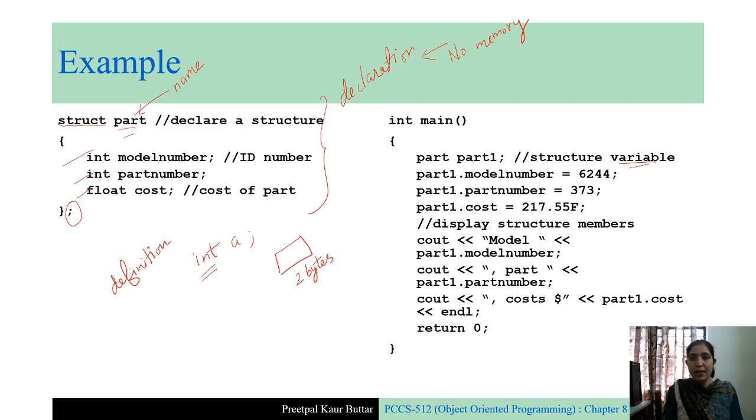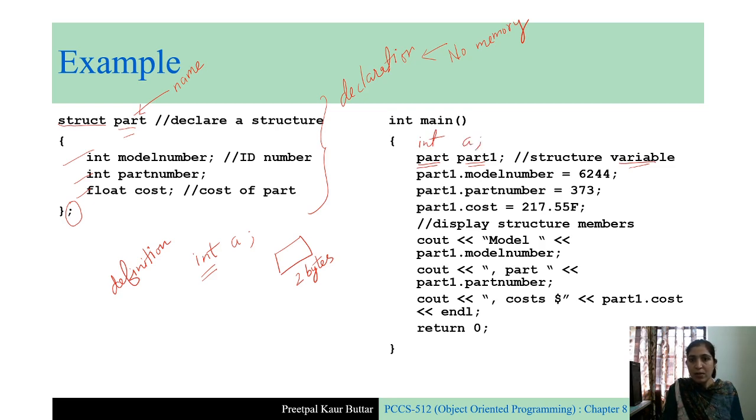Similarly here also we are creating the structure variable. In order to create the structure variable, what do we need? We need the type of the structure. What type of structure are you going to create? We are going to create a structure of type part. And then next is the variable name. The name of this variable is part1. So we are creating the struct variable just like we are creating integer variables.